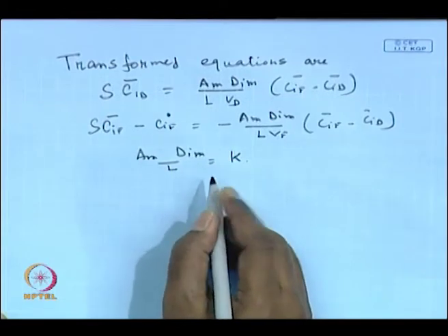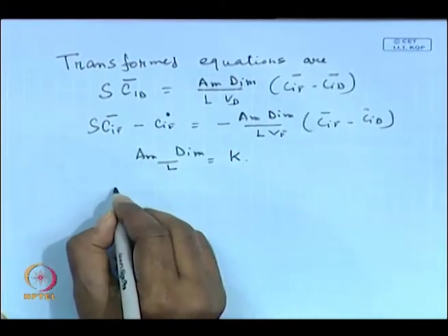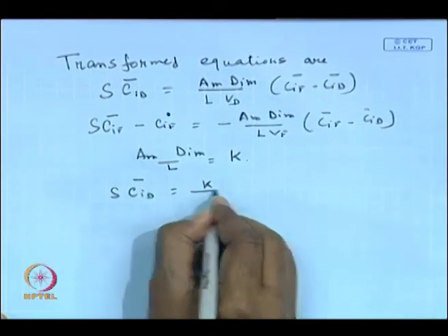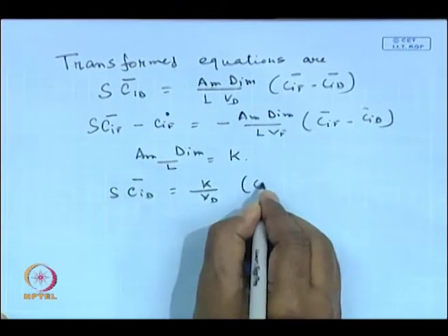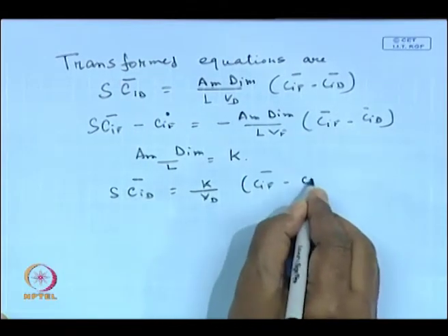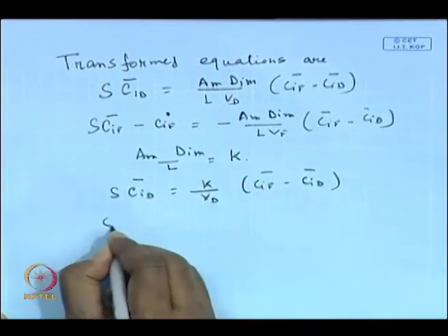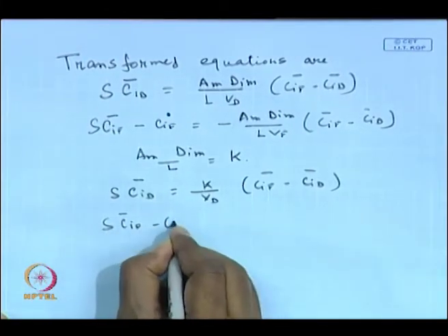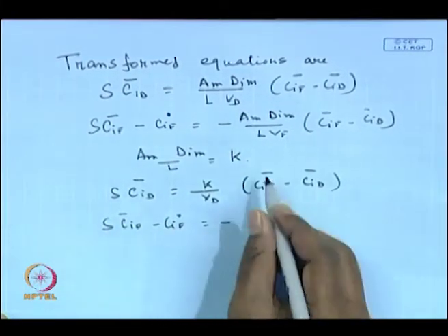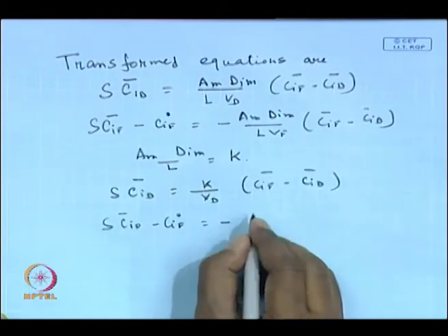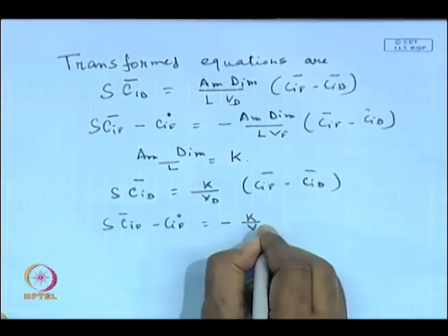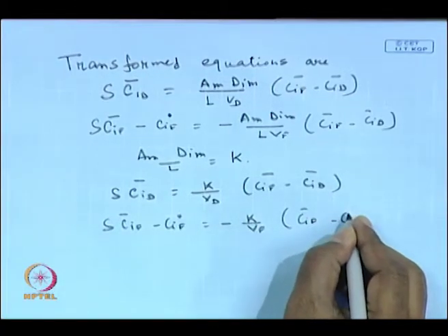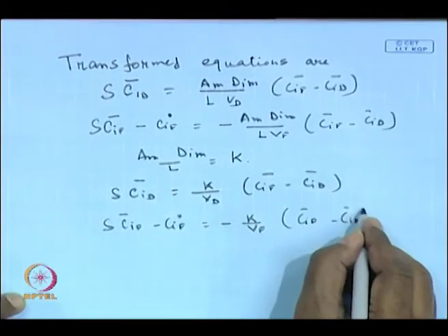So, the above equations become s C_ID bar is equal to K by V_D times (C_IF bar minus C_ID bar), and this becomes s C_IF bar minus C_IF naught equal to minus K over V_F times (C_IF bar minus C_ID bar).